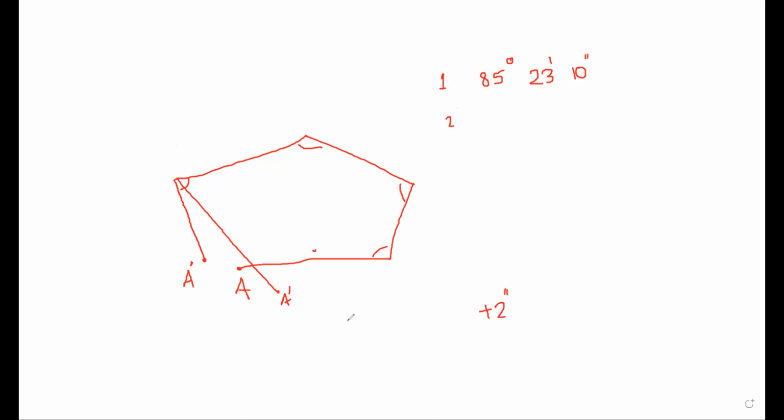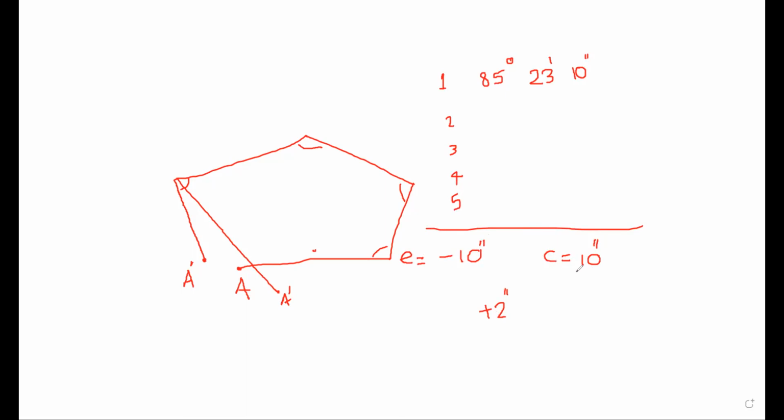Let's say you have 5 members, you have 5 such values and the summation has a minus 10-second error. Let's say the error is minus 10 seconds, then the correction is plus 10 seconds. That is the total correction.